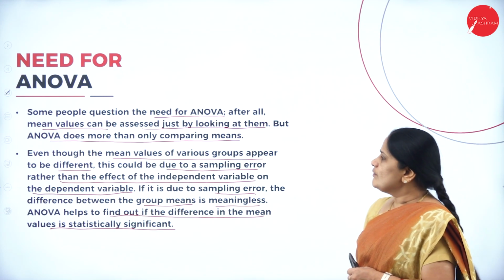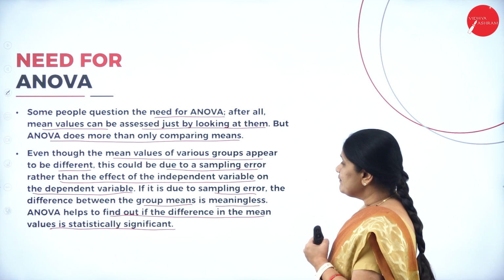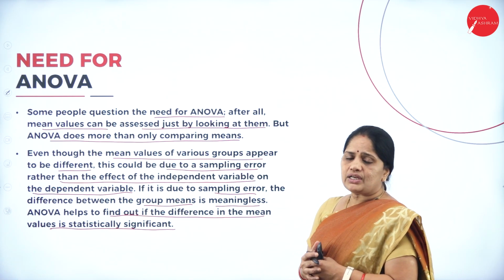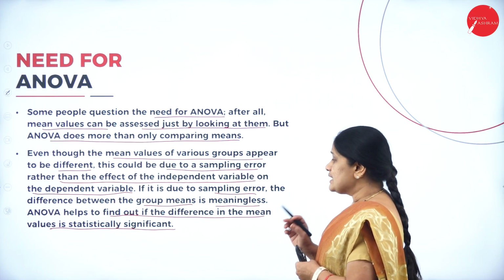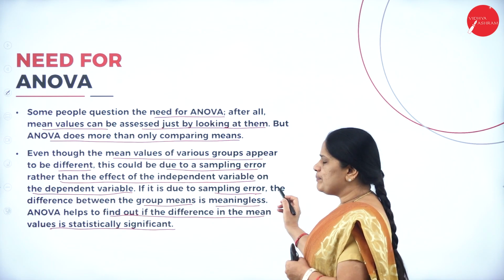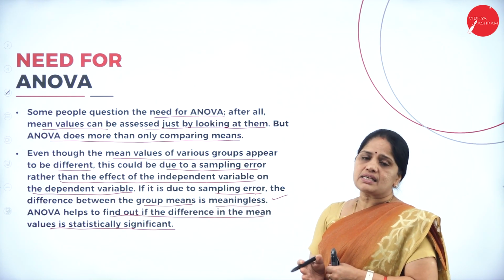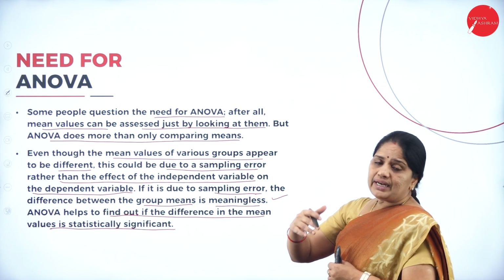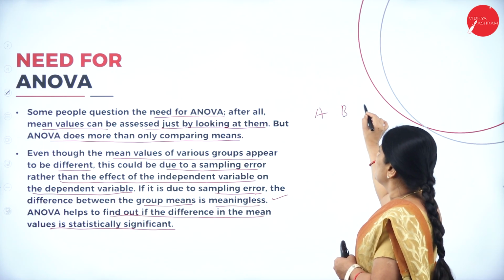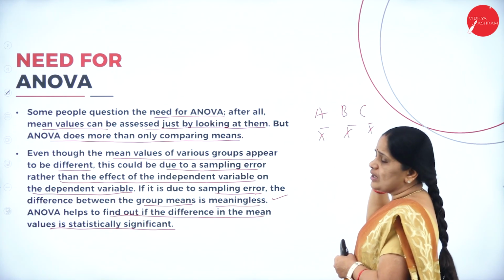So when you are comparing the means of each group, that is group A, group B, group C, we have the mean of A, mean of B, mean of C.